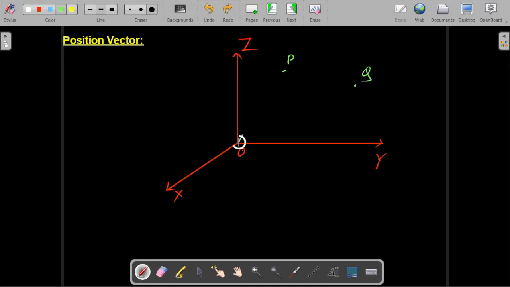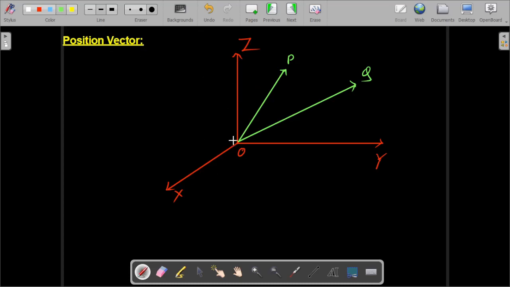Simply take vectors from the origin to those points. Give names to those vectors.